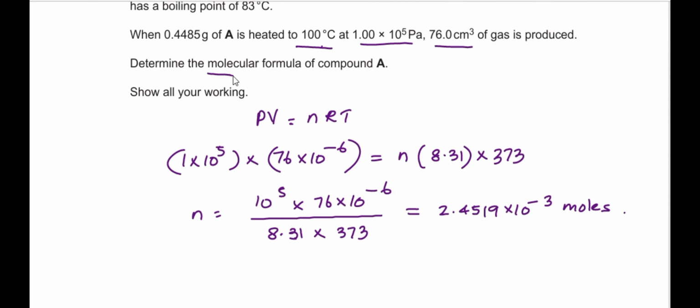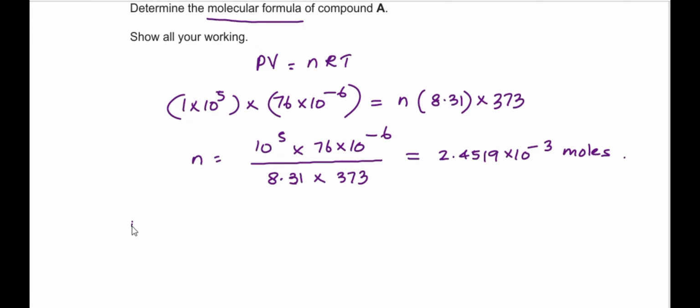We are after this molecular formula, therefore let's calculate the mass first, which can be obtained from the number of moles and the number of grams. We know number of moles is equal to mass in grams divided by molecular mass.